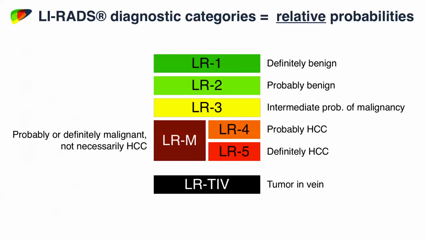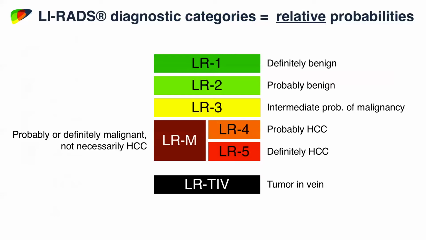LRTIV, another important category because it means there's now a cancer that's growing into the lumen of a vein, so-called tumor in vein. And this is important because if the tumor has grown into the vein, it has probably escaped the liver and formed metastases elsewhere, even if the metastases are not visible. So if you have tumor in vein, do you think you want to do a liver transplant? Because if you do a liver transplant, you remove the liver, but you don't remove the metastases that have already escaped.